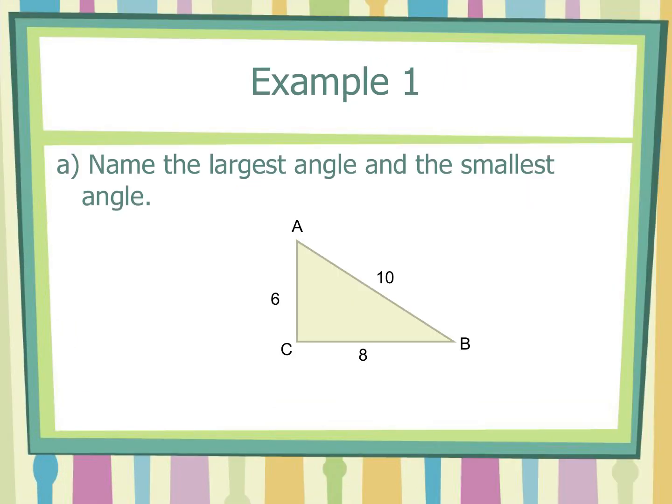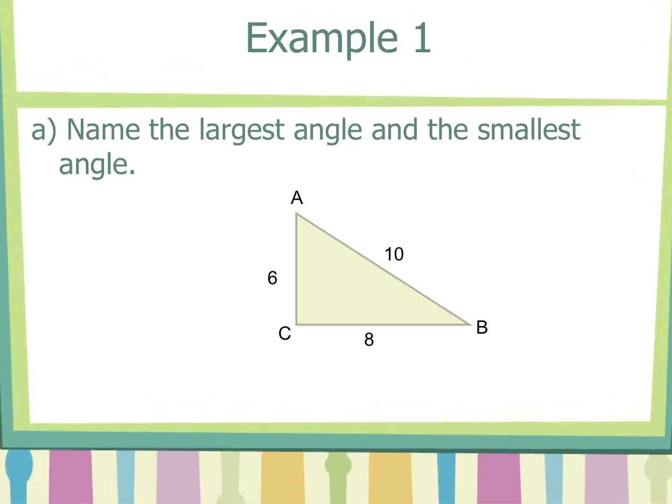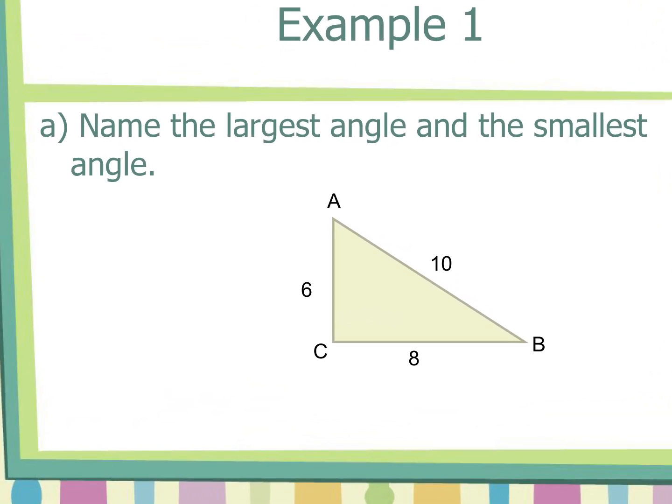All right, let's do an example. This is from the first theorem that we learned. Name the largest angle and the smallest angle. Well, which one's the largest angle? Angle C. Why? Because it's opposite what? Angle C is opposite what, guys?